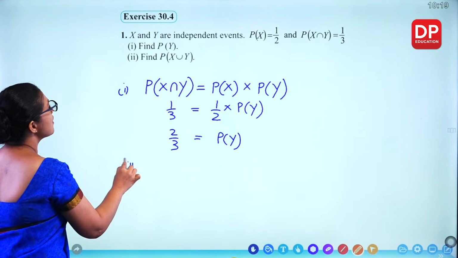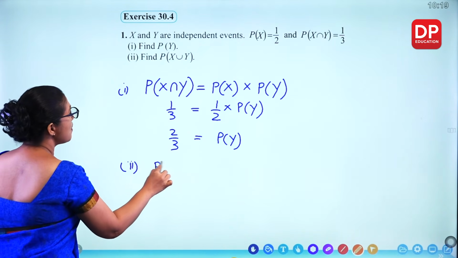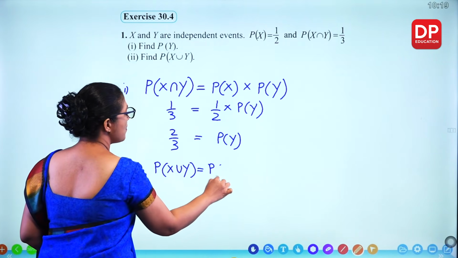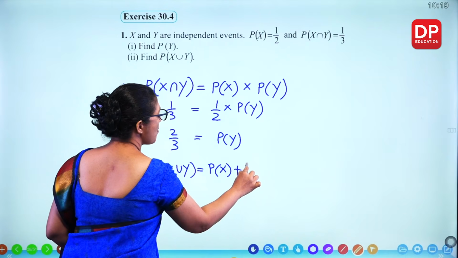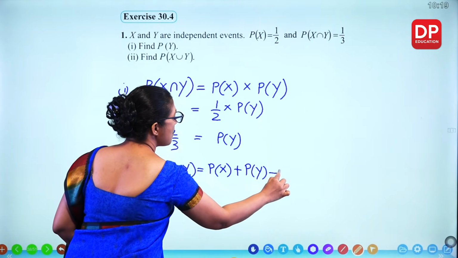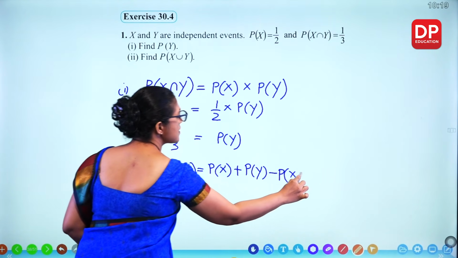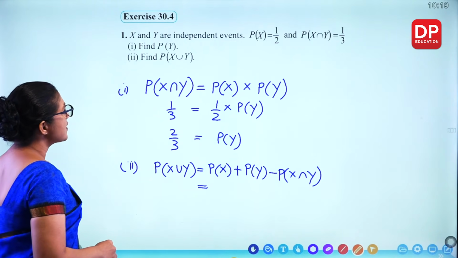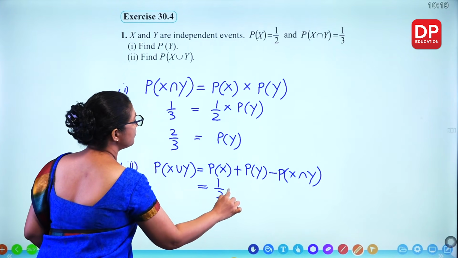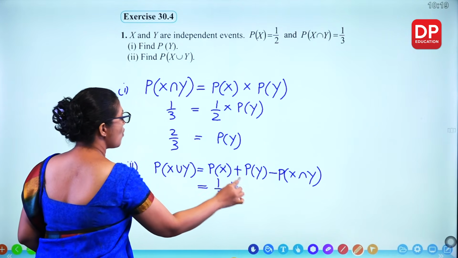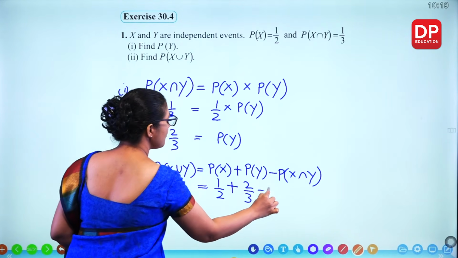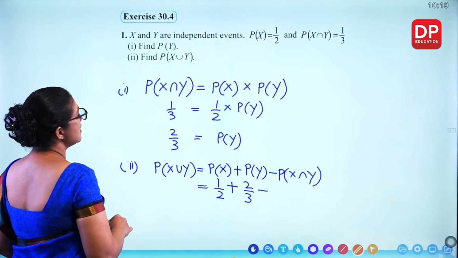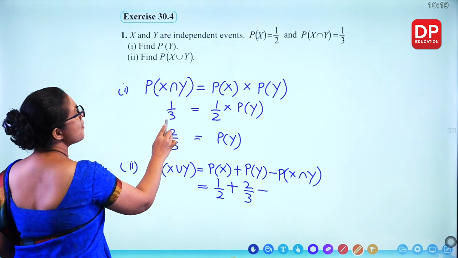Second one, find the union. P(X union Y) is the same as probability of X plus probability of Y minus X intersection Y. What's probability of X? Half. Probability of Y we found is 2/3. And the intersection is given as 1/3.